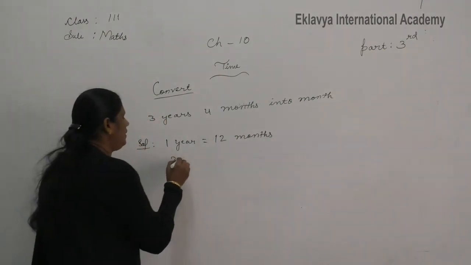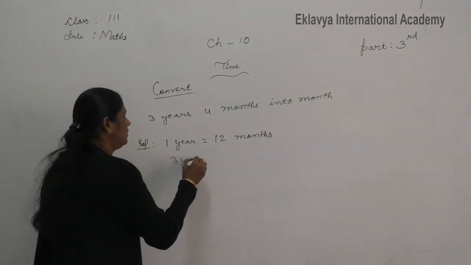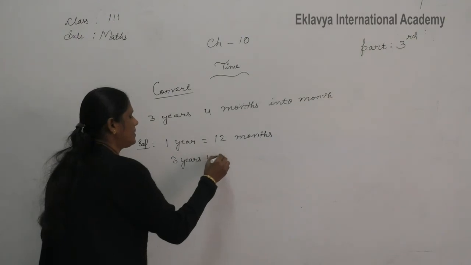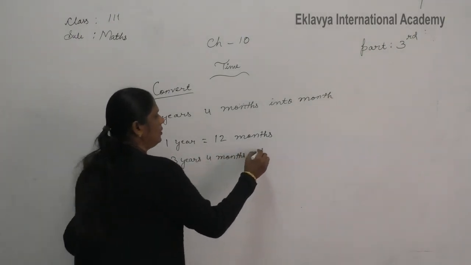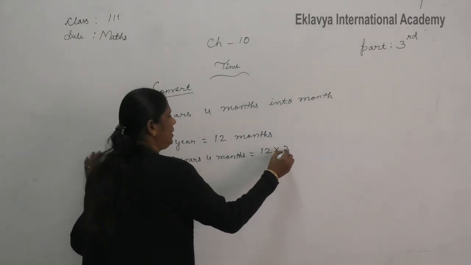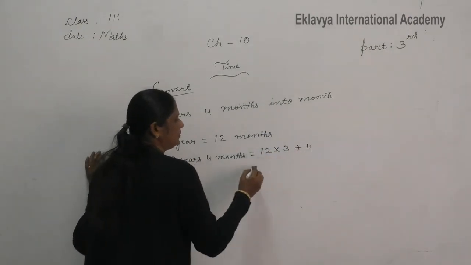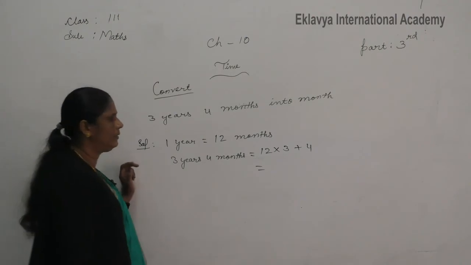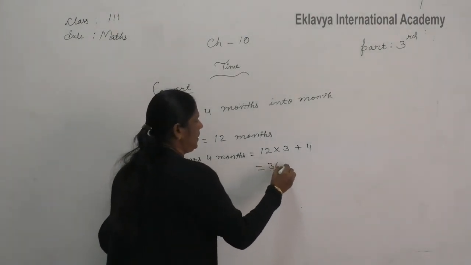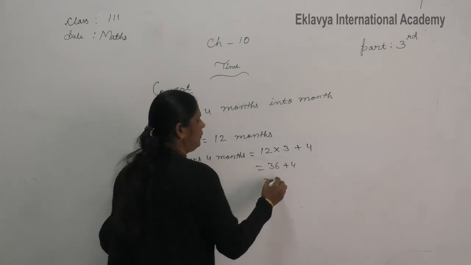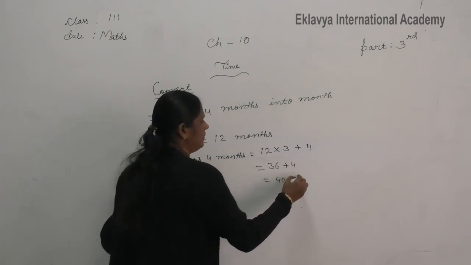Then 3 years 4 months is equal to 12 into 3 plus 4. Okay. Then 36 plus 4 is equal to 40 months.